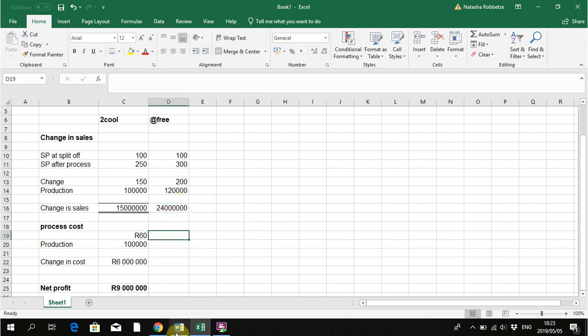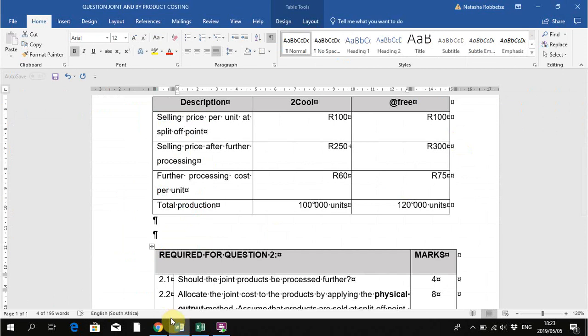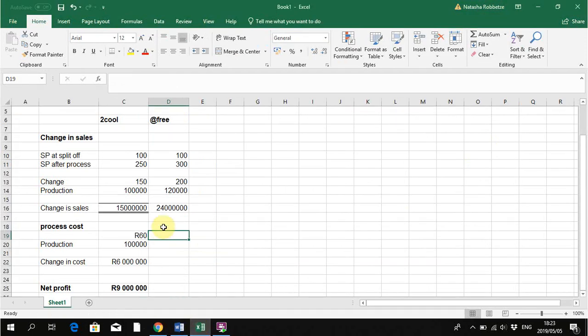My further processing cost is 75 Rand, and I still have a production of 120,000 units. Therefore, it's going to be 75 times the 120,000, and that gives me 9 million.